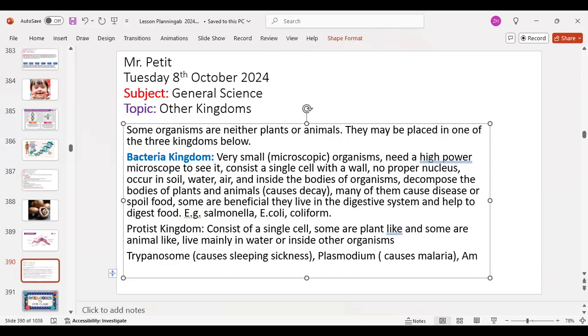And then you have amoeba. And then you have the paramecium. So these are all examples of protists. Protist kingdom. So these cause illnesses as well.